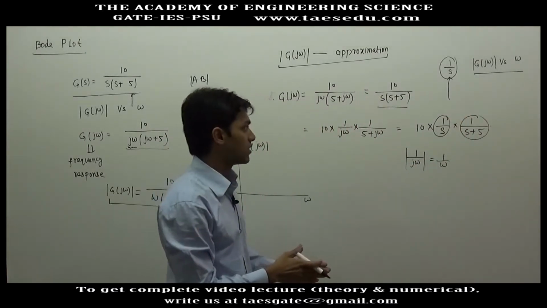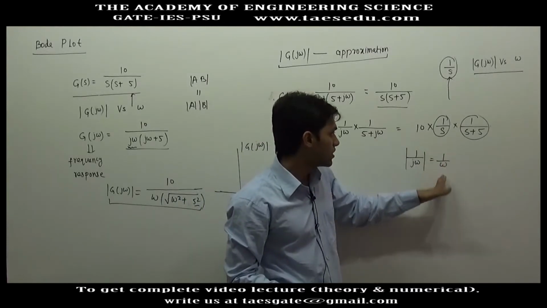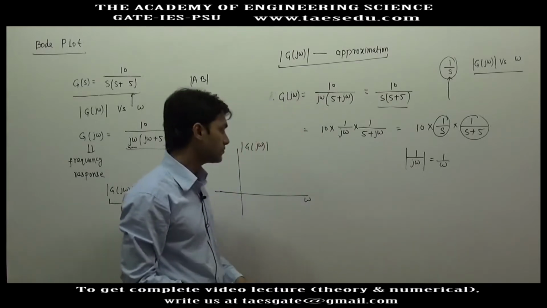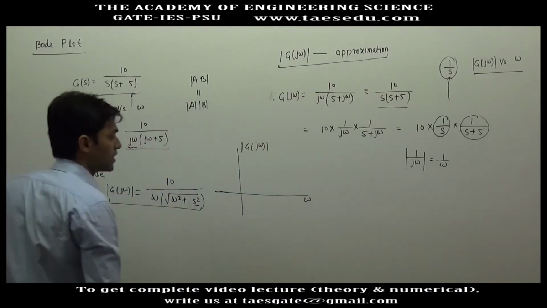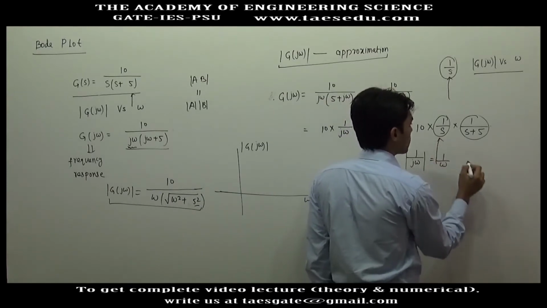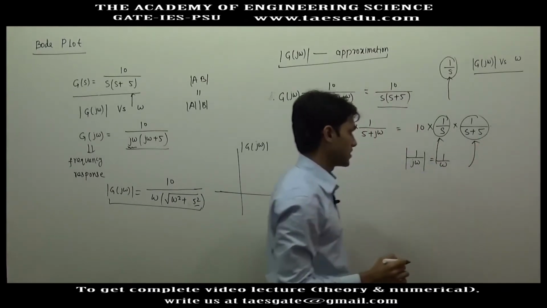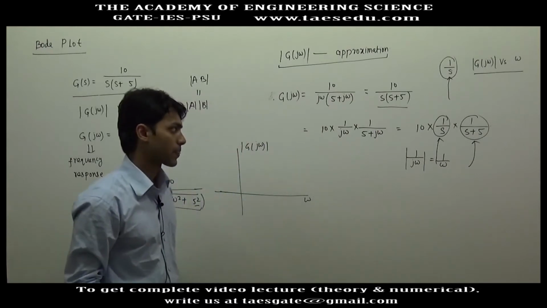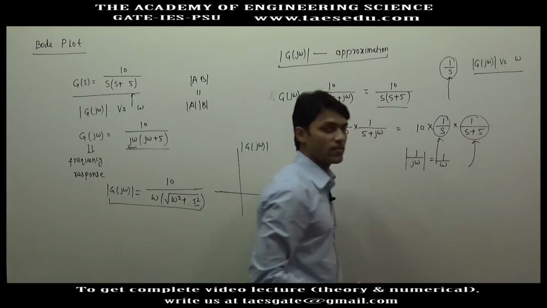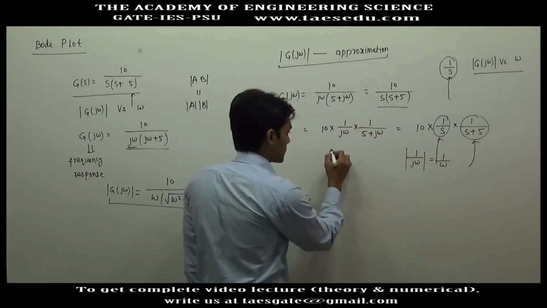Okay, then why not plot individually and then multiply? This can also be done: plot 1 upon s and 1 upon (s plus 5) individually and multiply. Plotting them individually is okay. Let's say you have two graphs.